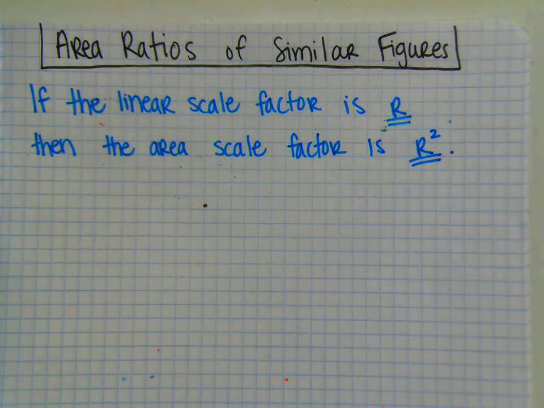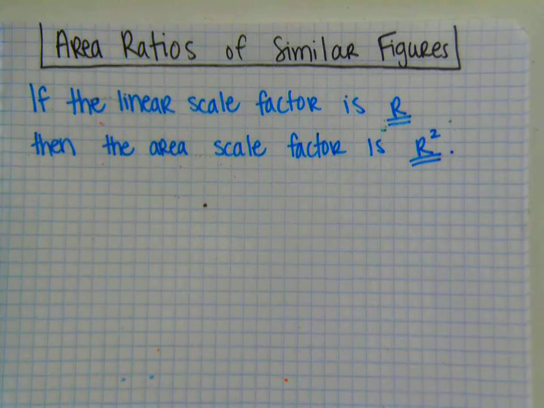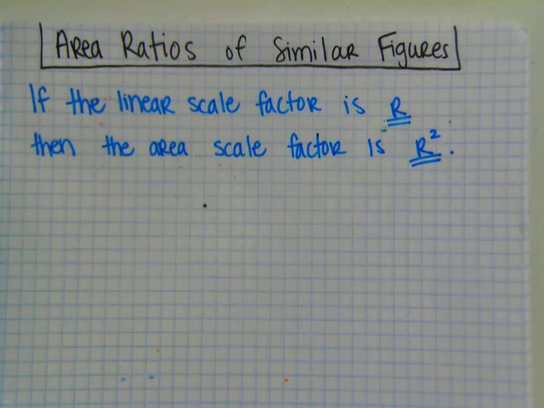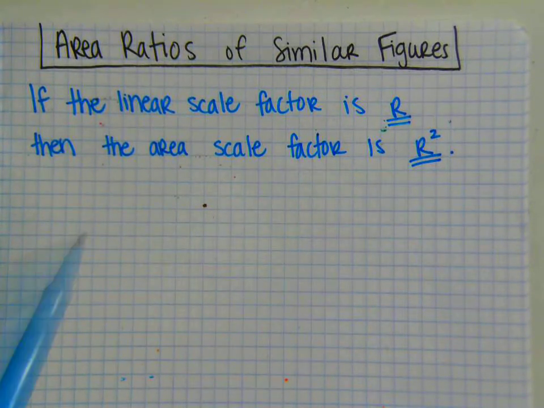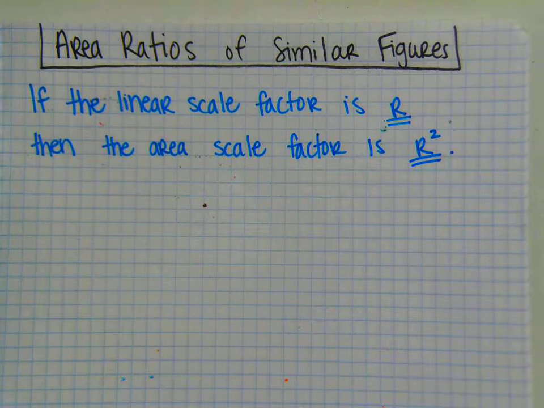Okay? So if we have a scale factor going from image to image of R for the length, then the area would be R squared. Okay? So let's just do an example.